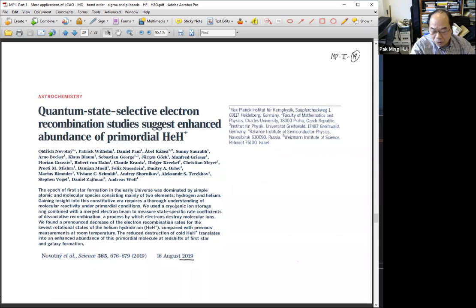So here I just want to point out that we are not doing a historical thing. Actually, molecular physics is still well and alive. Another aspect is that in recent years, many people work on ultracold molecules, including the lab of Professor Wang Dajun in the basement of our department.